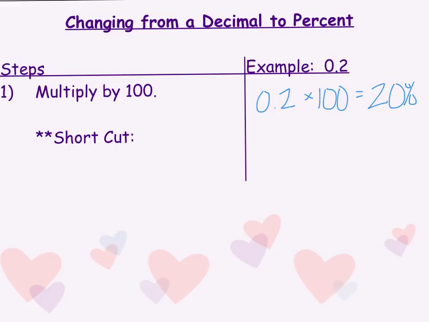Now let's take a look at finding our shortcut. Again, some of you guys, maybe as soon as we did the example, you're like, oh yeah, I remember how to do that shortcut. Those of you that didn't see it, let's write it down.